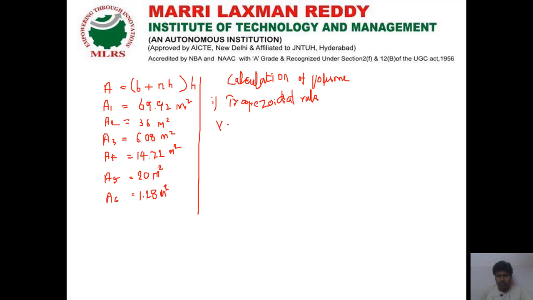Our volume V equals D into the first area plus the last area, that is A1 plus AN, plus the remaining areas, A2 plus A3 plus etcetera plus AN minus 1, divided by 2.